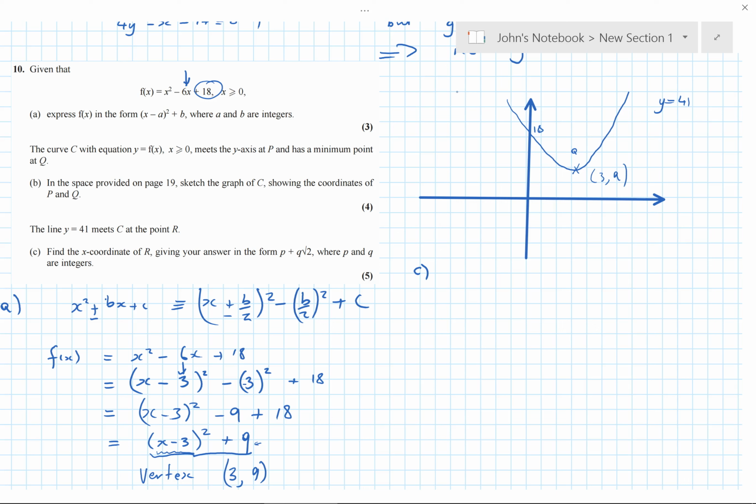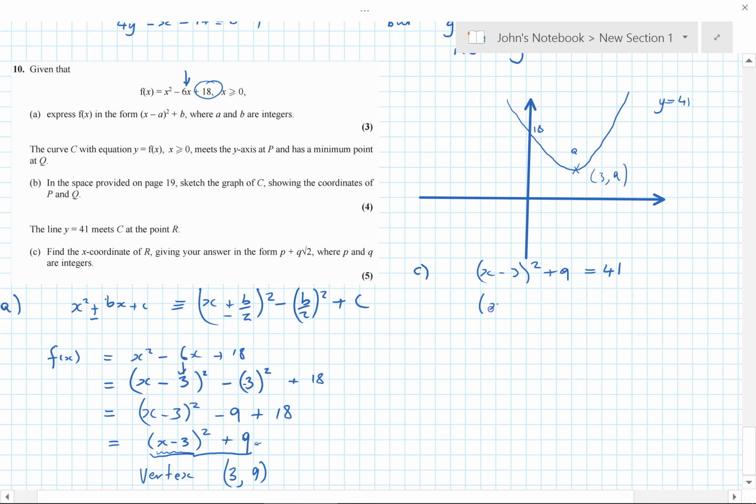Right, so we've got y equals 41. I'm going to use the completed square form. You can use the formula though, if you want. You could put the 41 in there and then use the formula, but I'm going to use the completed square form here because I think it will work out quite nicely.